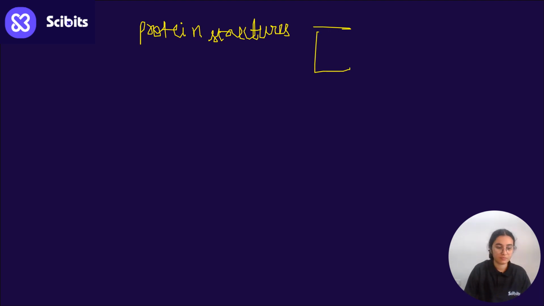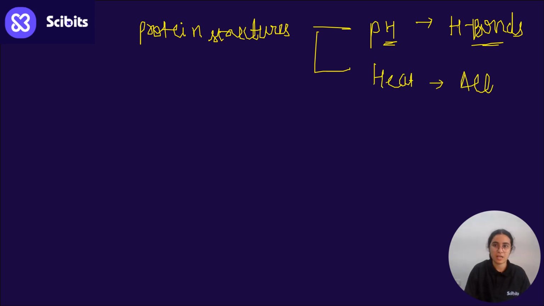Now, there are many factors that affect the protein structures. For example, the pH. It affects the hydrogen bonds, and heat. Heat affects all types of interactions.